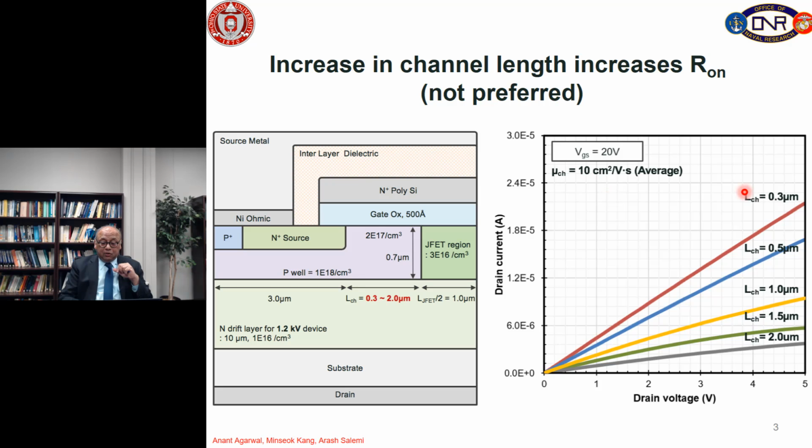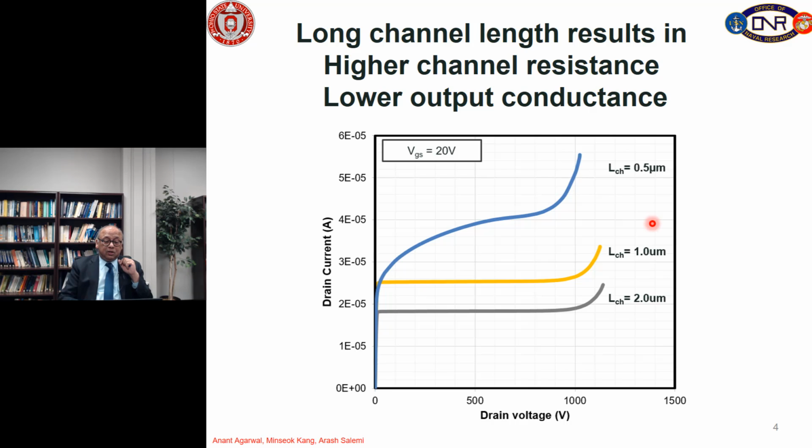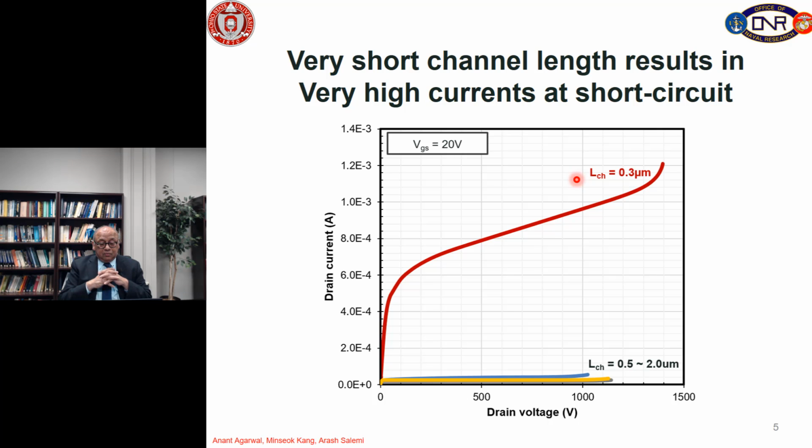So supposing we still want to use half a micron channel length, but we don't want very high saturation current at high drain voltages. What can we do to make this happen? Now in this slide we show what happens when we go to 0.3 micron channel length.